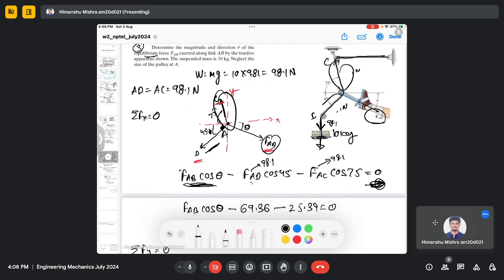So we differentiated the forces and took the component of each part of this cable, and by using the summation of force in the x and y direction, we were able to calculate the unknown force FAB as well as the angle theta. So any doubt in this question?